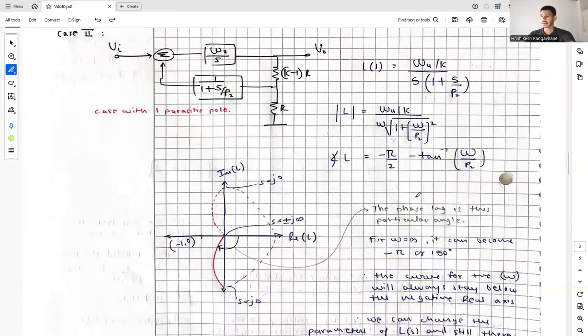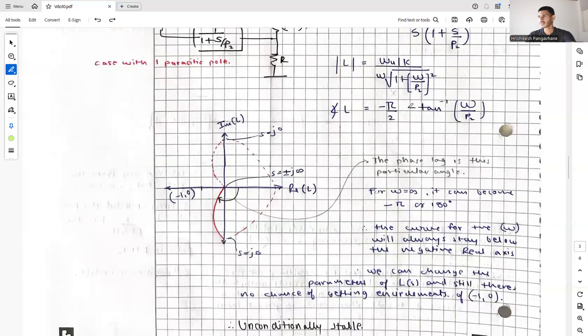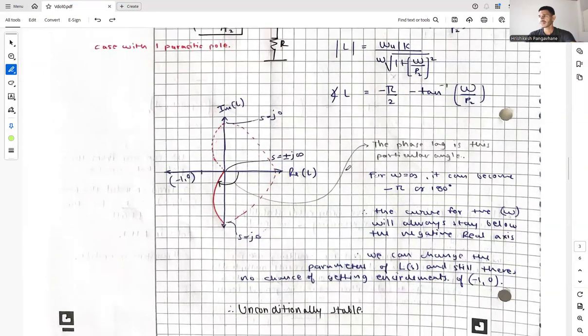So when we again plot the Nyquist plot or the Nyquist curve, basically imaginary part of the function and real part of the function, and then we state that when we look at the phase of our function, the phase lag is this particular angle from here to here for our positive frequencies.